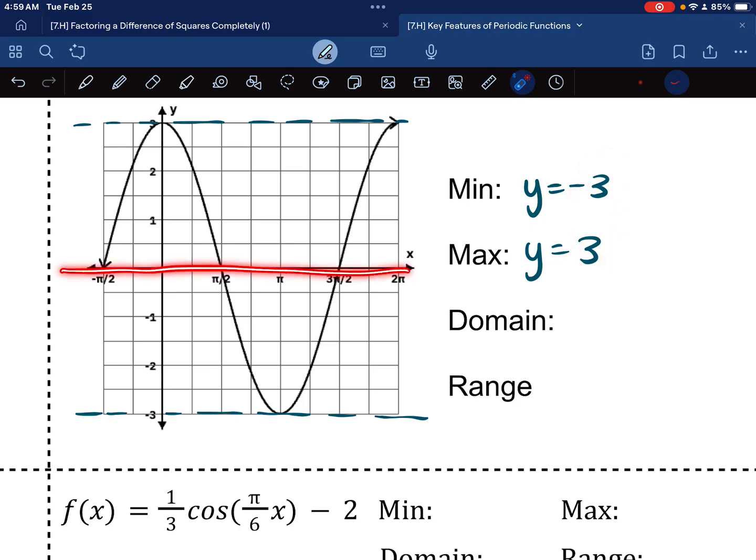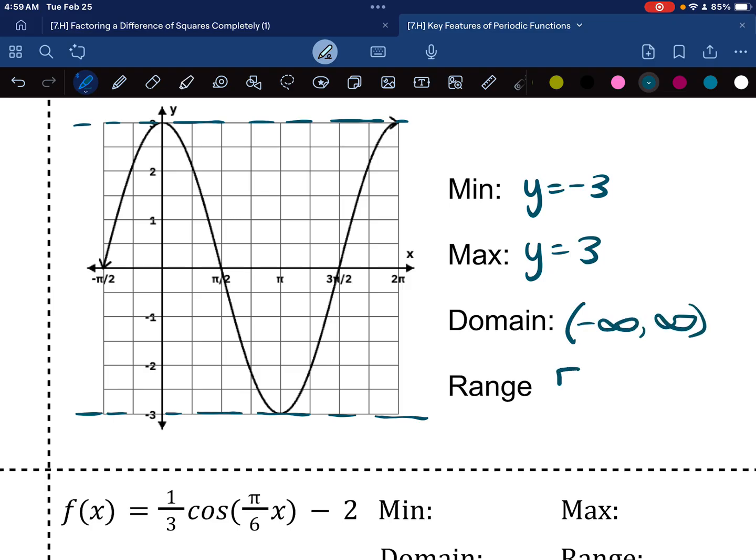But if it's centered around the x-axis, these will usually have just opposite signs. So your domain, this graph goes left forever and goes to the right forever, so that's -infinity to infinity. And your range just goes from the minimum to the maximum.